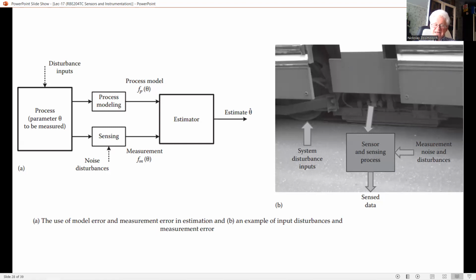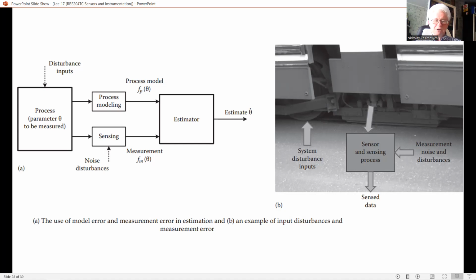And second, the sensor or even the sensing process is not perfect and will introduce measurement error. Hence, sensing may be viewed as a problem of estimation, where the true value of the measured quantity is estimated using the measured data. Clearly, two main categories of errors, model error and measurement error, enter into the process of estimation and will affect the accuracy of the result.